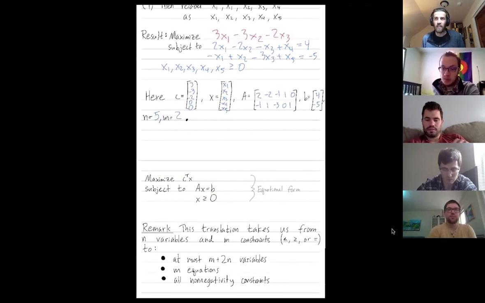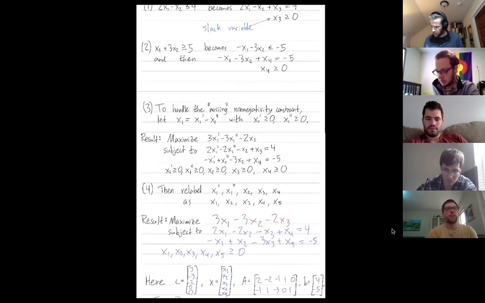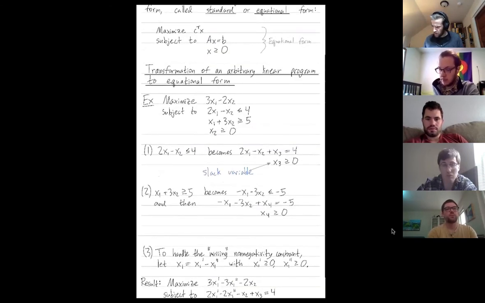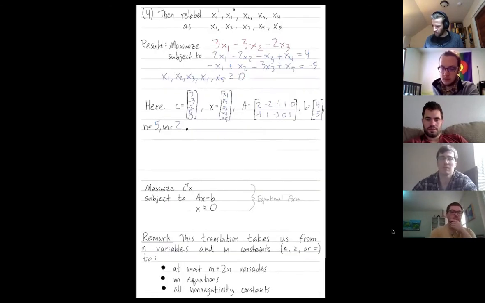The number of new variables and constraints you get is linearly bounded by the number of variables and constraints you started with. So pretend we started with n variables, above it was 2, and m constraints that were either less than or equal to, greater than or equal to, or equality. So above, I think we started with 3 constraints, a less than or equal to, a greater than or equal to, and a non-negativity. Okay.